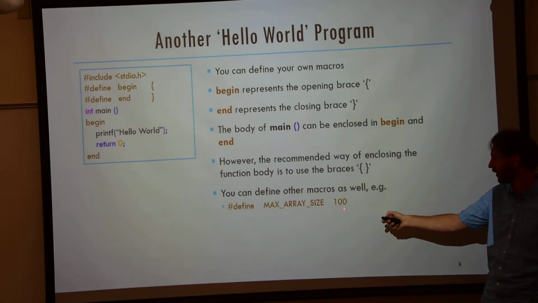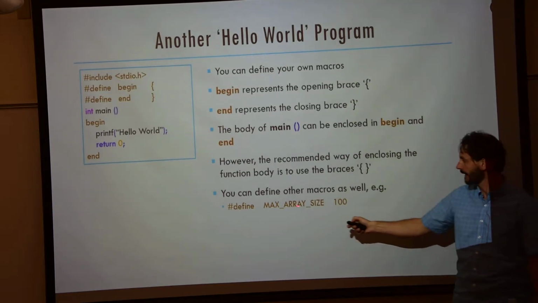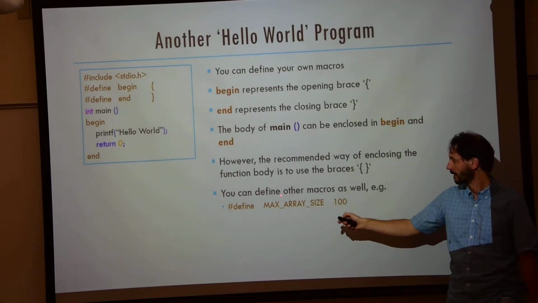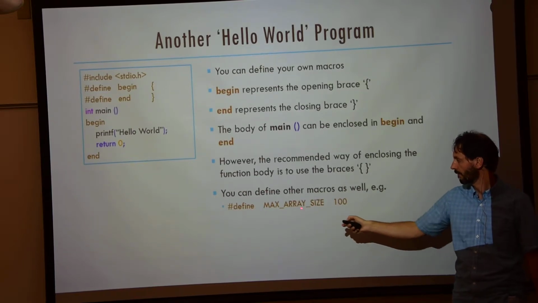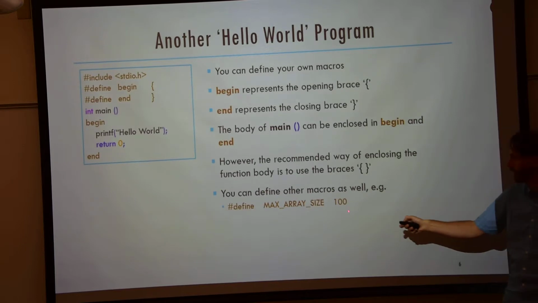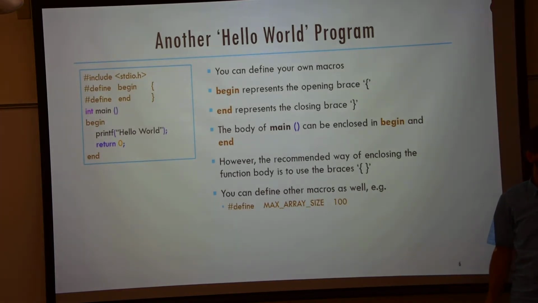If I had put 100 in the program, how do I know what it means? In other words, I can create semantic meaning, creating phrases that are actually constants that I define a priori in my program.